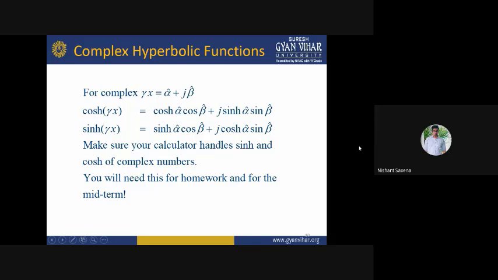Now you will need to do this, that is how we have done this. Make sure your calculator handles the sine hyperbolic and cos hyperbolic of complex numbers. If it does not, you have to use the upgraded versions of your scientific calculators. I am leaving it for you to do yourself.